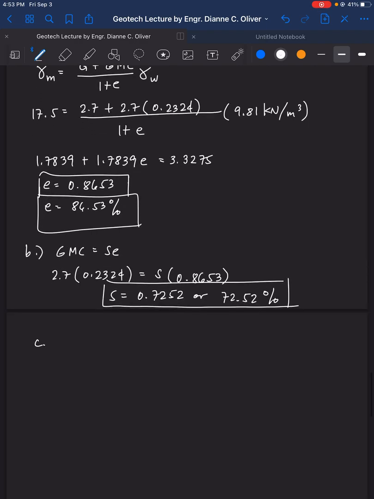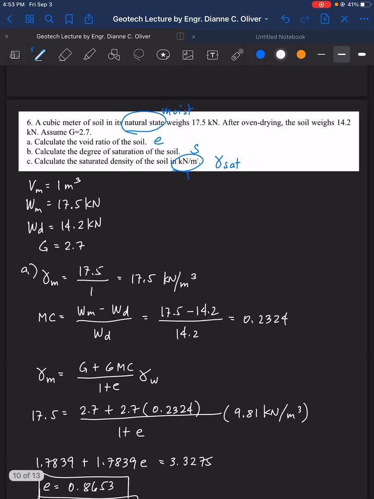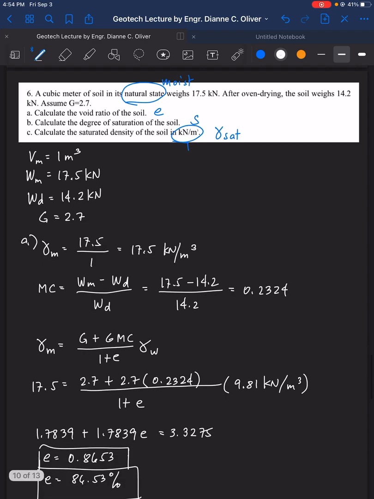Next, letter C. What we're looking for on letter C is the saturated density of the soil, but in kilonewton per cubic meter. So we're looking for gamma sat.